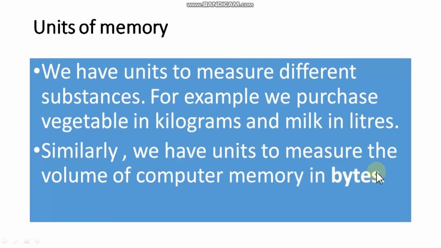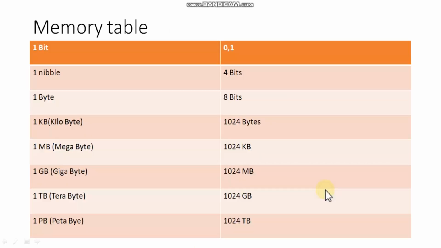Now let's discuss a memory table. This is a memory table that we need to remember. Okay, it's very important. First of all, let me start with the smallest and then we will go to the largest. The smallest memory we have is a bit. 1 bit is the smallest memory. What is 1 bit? 1 bit can be 0 or 1.